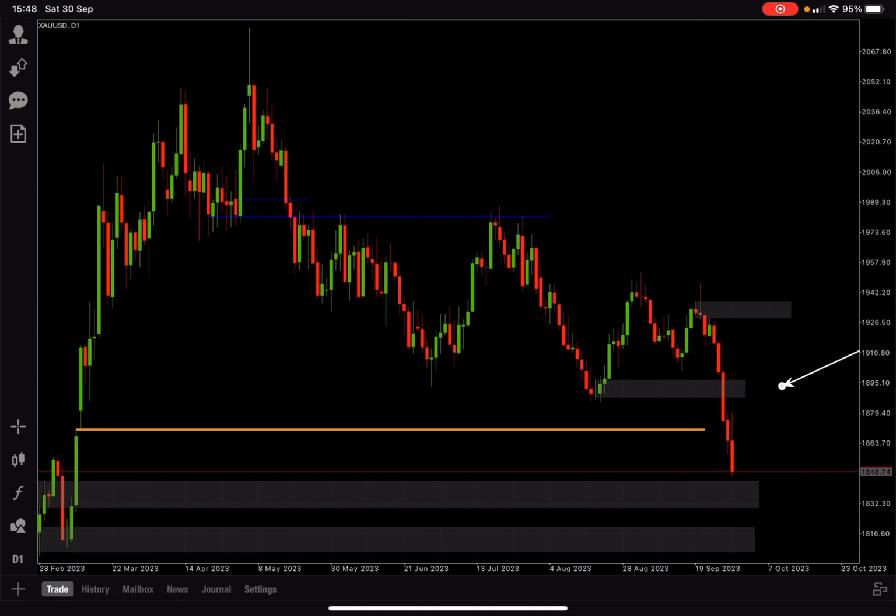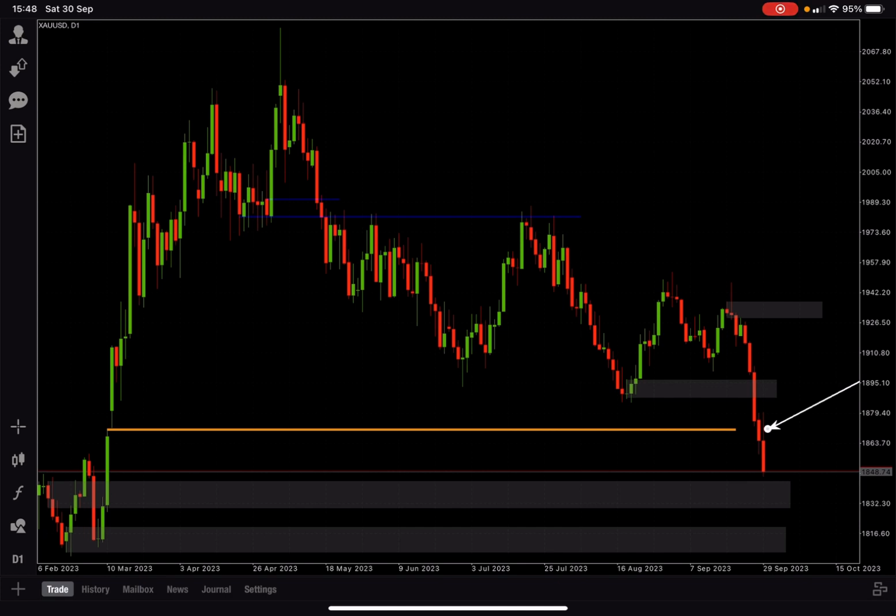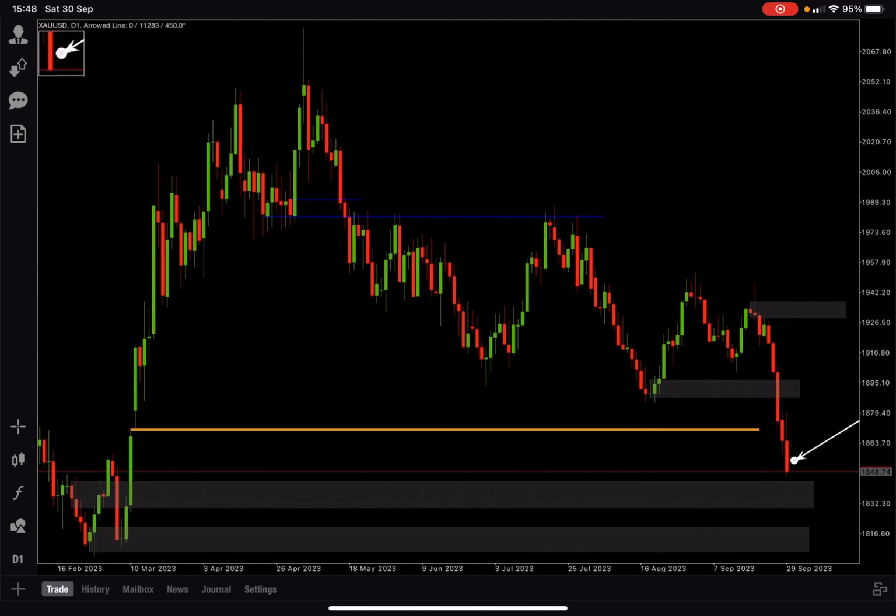If you follow the free channel, I will update the areas which we are looking to target when we do get that retest. At the moment, price is still very bearish because on a daily time frame, we've just created a new bearish FU. Now that could be the start of a manipulation move if price continues down, and then during the New York session, you get a nice impulse move to the upside from one of these areas.